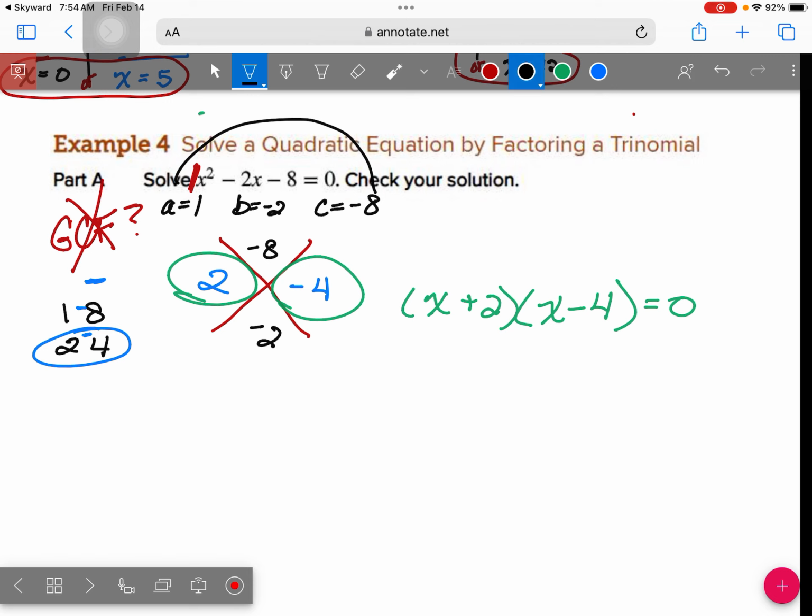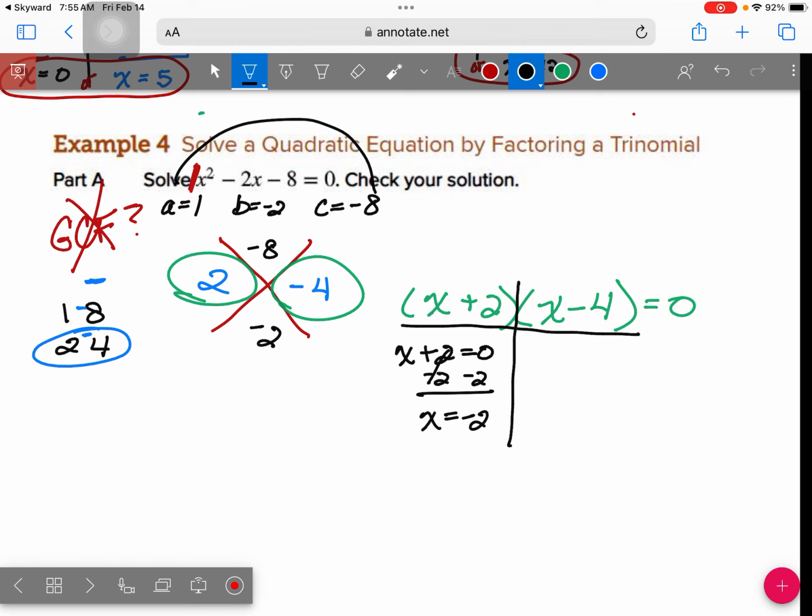Okay, so this time I'm splitting this t over here. Set each factor equal to 0. X plus 2 equals 0. We subtract 2, x is equal to -2. So when x is equal to -2, that's going to make that first factor equal to 0. That's how it zeroes out, right, Charles?